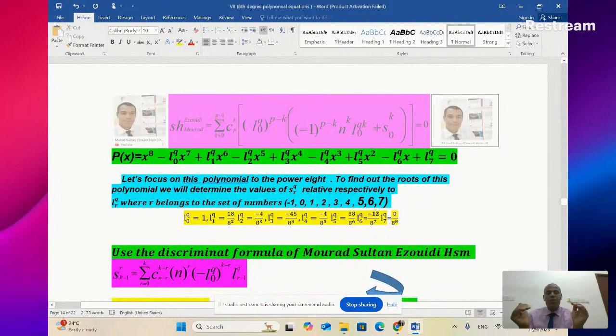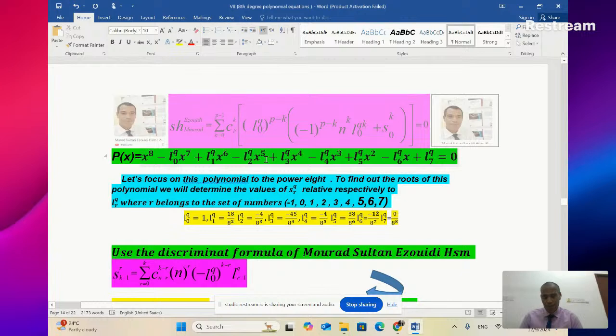You are going to use my theorem to find the new coefficients of your new 8th-degree polynomial equation. So our polynomial to the power 8 can be written as x^8 minus L0 of the cube, x^7 plus L1 of the cube, x^6 minus L2 of the cube, x^5.